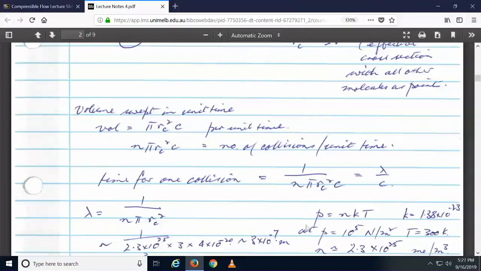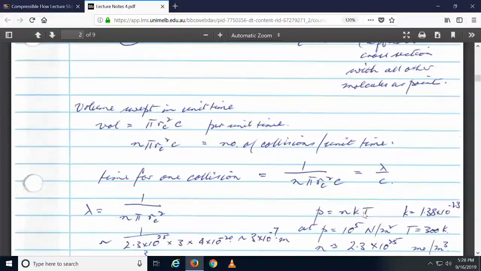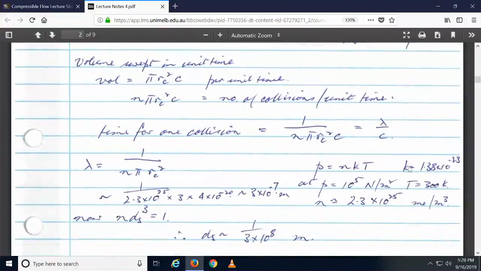So I'm going to put 10 to the 5th on the left-hand side, and for the absolute temperature about 300 degrees K, 23 degrees Celsius. And if I do that, with k, T, and P, I get n is 2.3 by 10 to the 25th. So in this room, as we speak, there are 10 to the 25th molecules in 1 cubic meter.